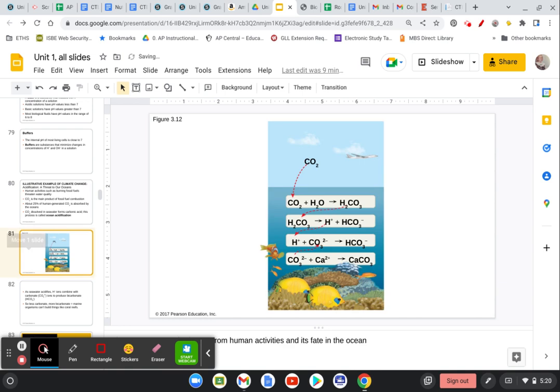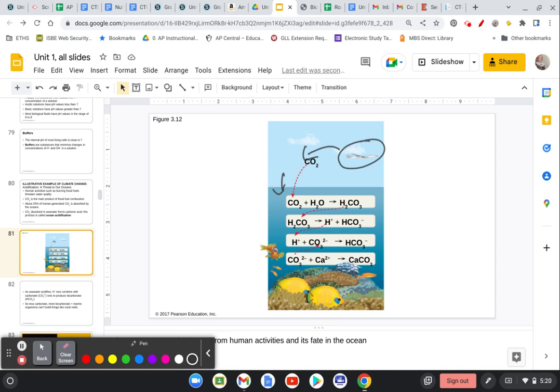So here is our carbon dioxide. We've got a little jetliner that has given off through its jet fuel, it's producing carbon dioxide. Carbon dioxide is going to be absorbed into the water. It's going to be converted, and then eventually it's going to do something that is going to reduce.